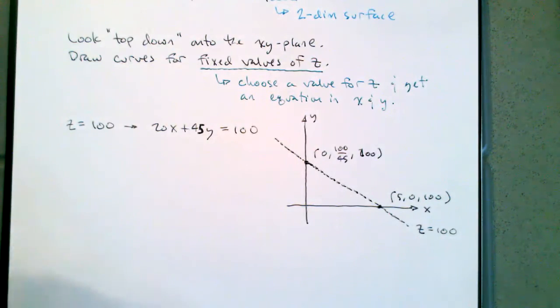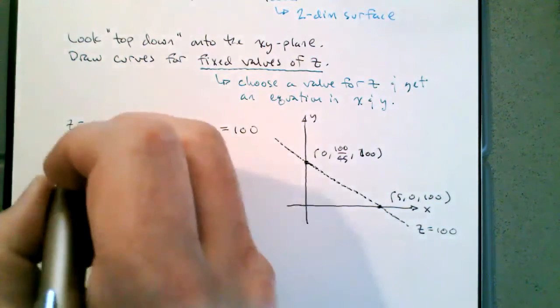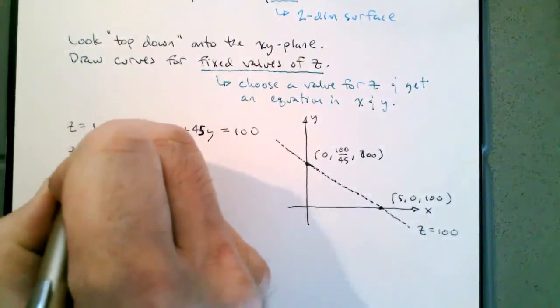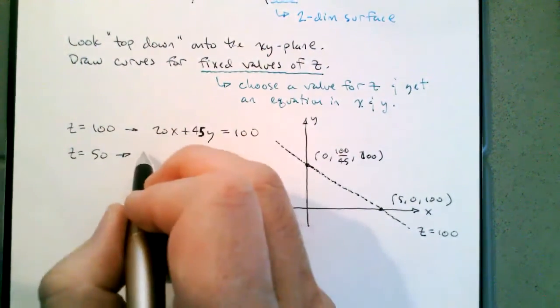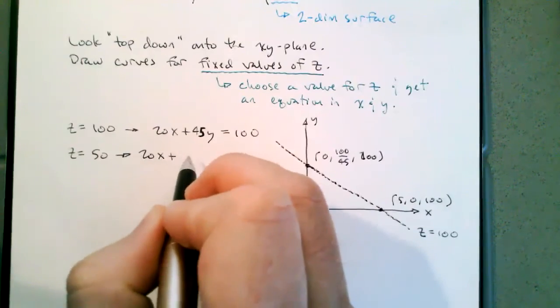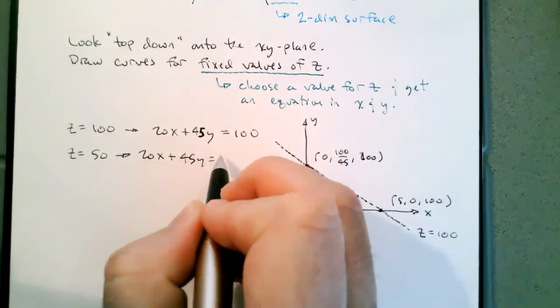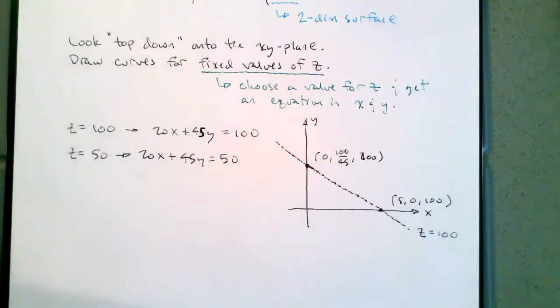Now, if I pick a different value of Z, I get a different linear equation in X and Y. So 20x plus 45y is equal to 50. So I'll get a different set of points.